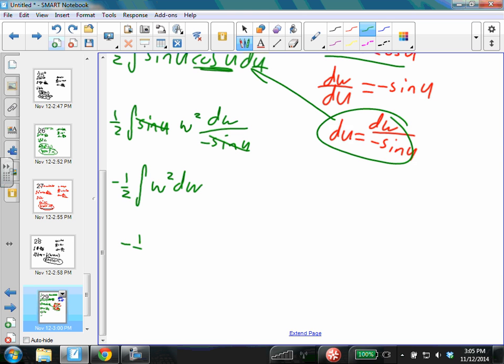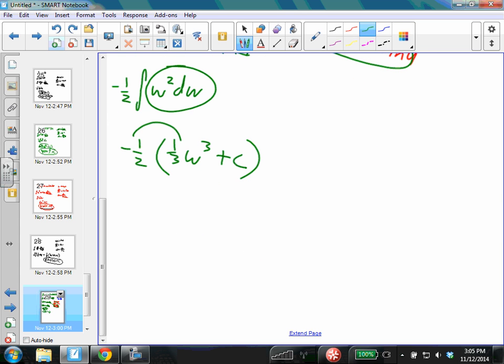So this is negative 1/2 times, and what's the antiderivative of w squared? One-third w to the third plus c. And now I'm going to distribute in my negative 1/2. So it's negative 1 over 6 w cubed plus c.